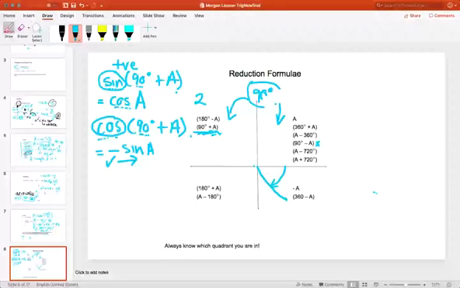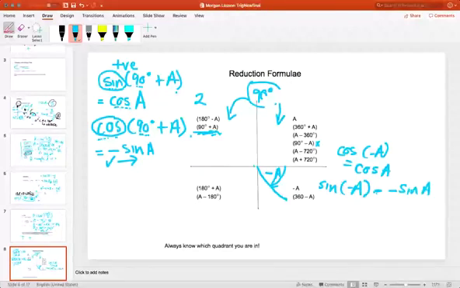That is negative angle A. Now remember, if we had cos of negative A, it's going to be positive cos A, because in quadrant 4, cos is positive. If we had sine of negative A, it's going to give us negative sine A, because sine is negative in quadrant 4.